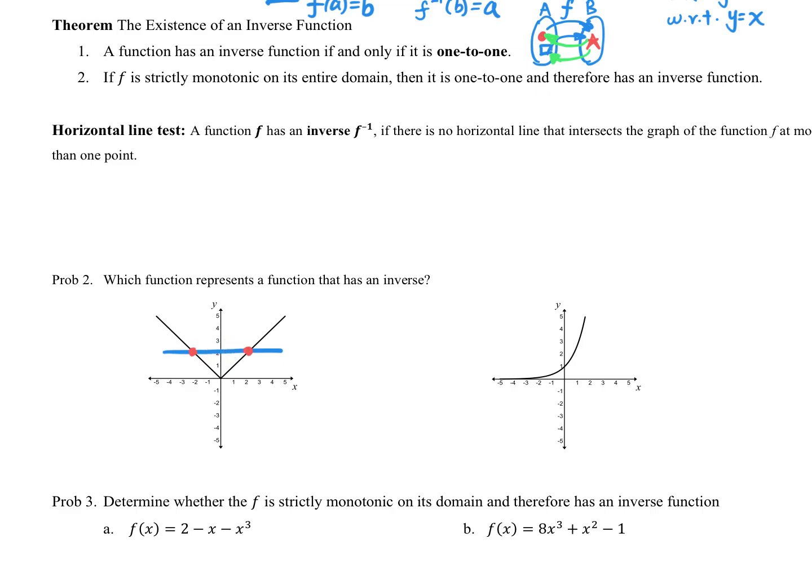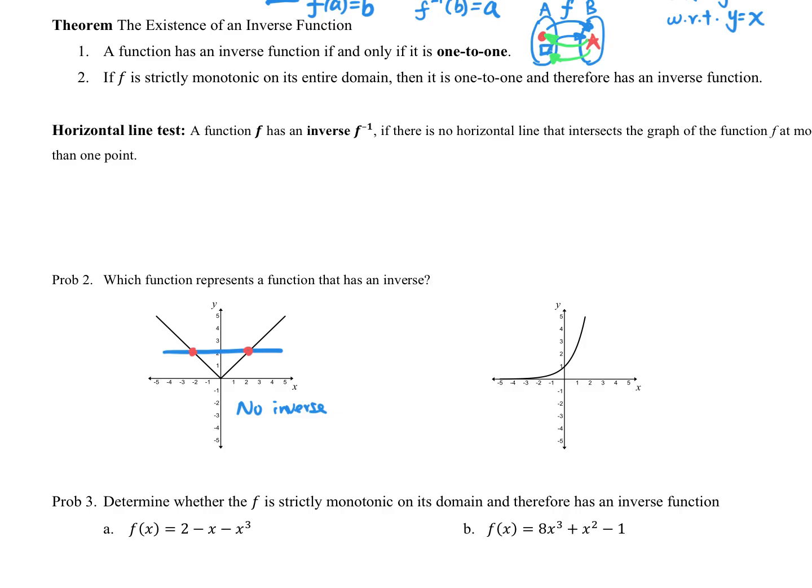That means this is not one-to-one, because when x is roughly -2, the y value is the same as when x is 2. They have the same y value. So therefore this is not one-to-one. Because it's not one-to-one, there is no inverse, right? The inverse does not exist.